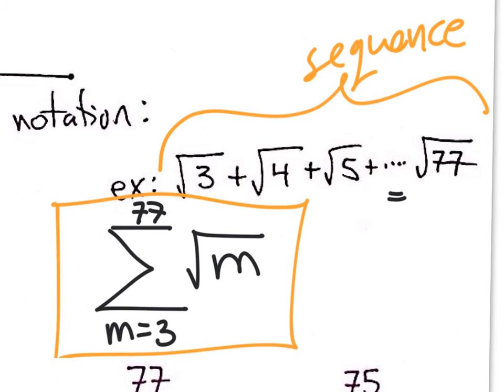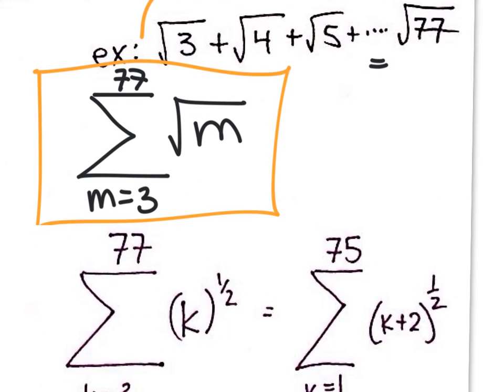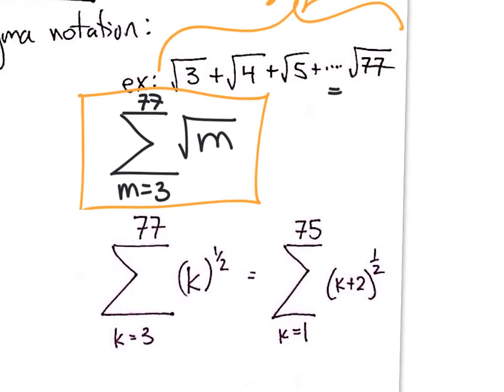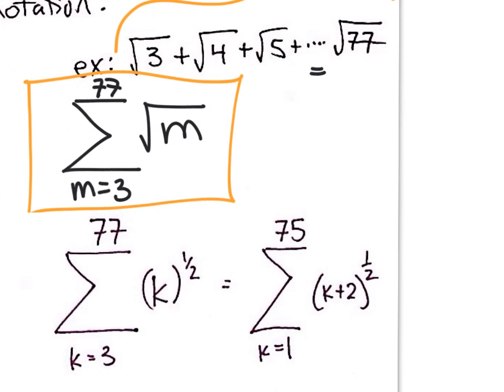And then down here I wrote how you could change the index. I used the variable k here, and I wrote k to the 1/2 instead of square root. So these are the same thing. But notice how sometimes you want to start from an index of 1. So if we shift, this gets reduced by 2 and this gets reduced by 2, and then we account for that here.